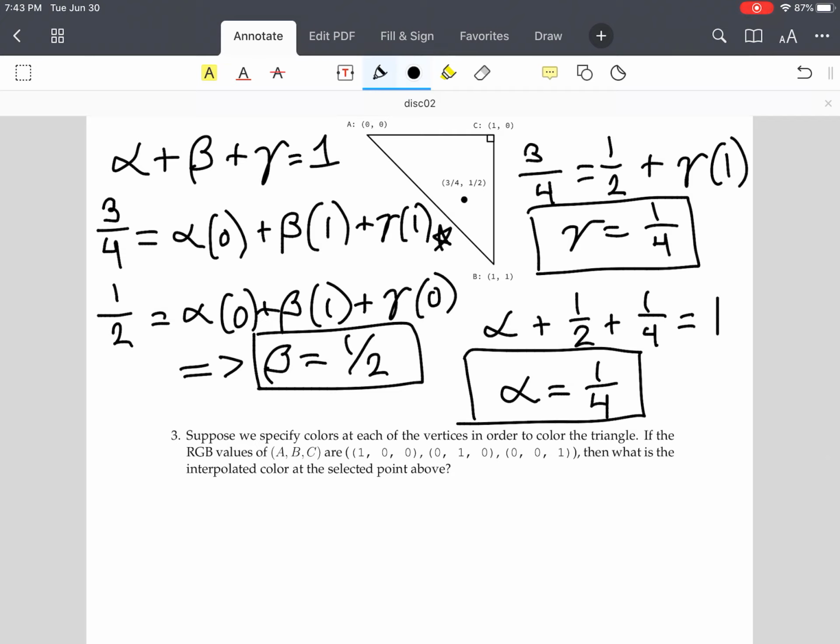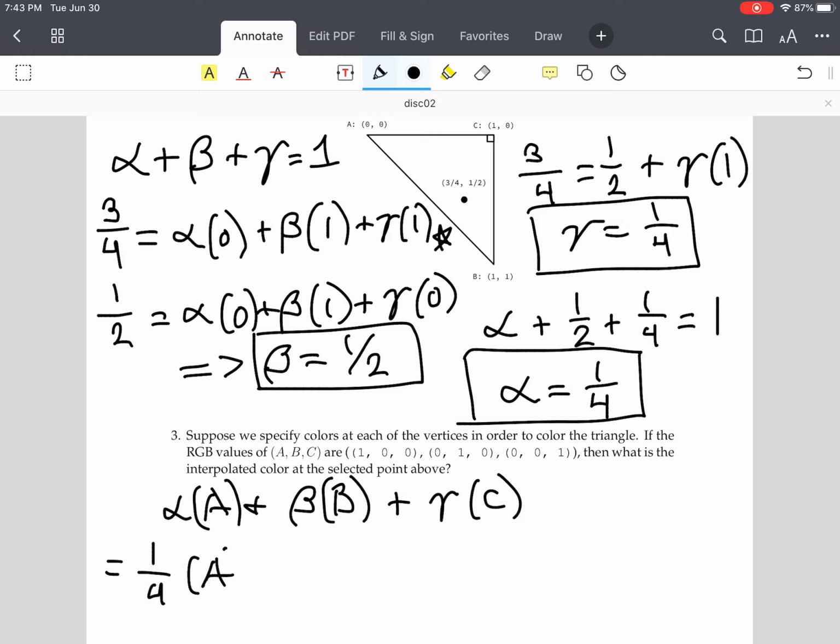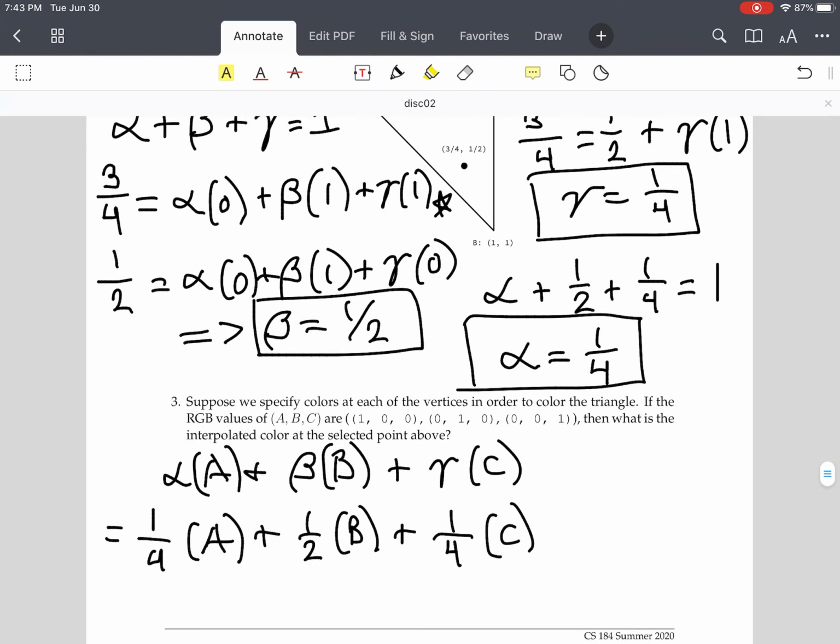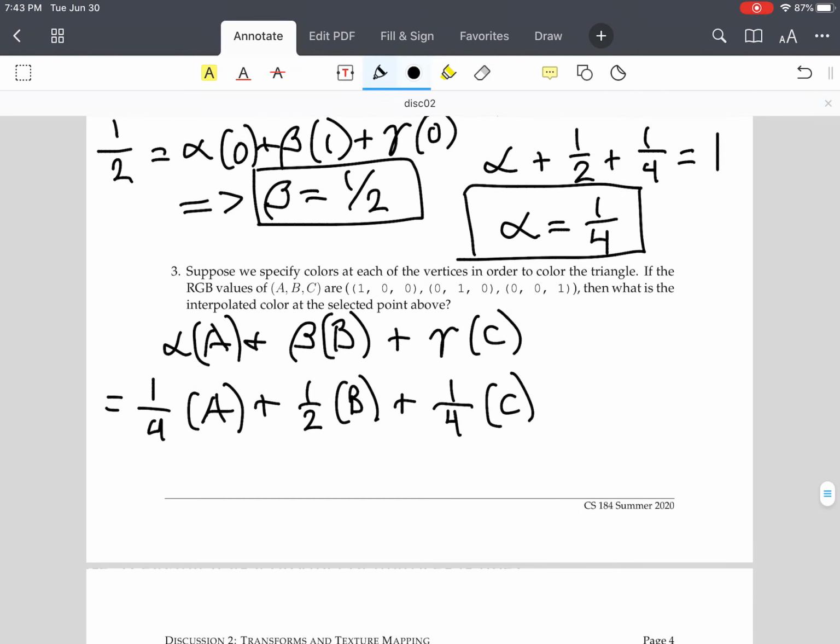All we want to do is alpha times A plus beta times B plus gamma times C. Okay, which is just going to be 1/4 times A plus 1/2 times B plus 1/4 times C. If we look at the actual values, you'll notice that A has 1 in the first spot, B has 1 in the second, C has 1 in the third. There's no overlap.